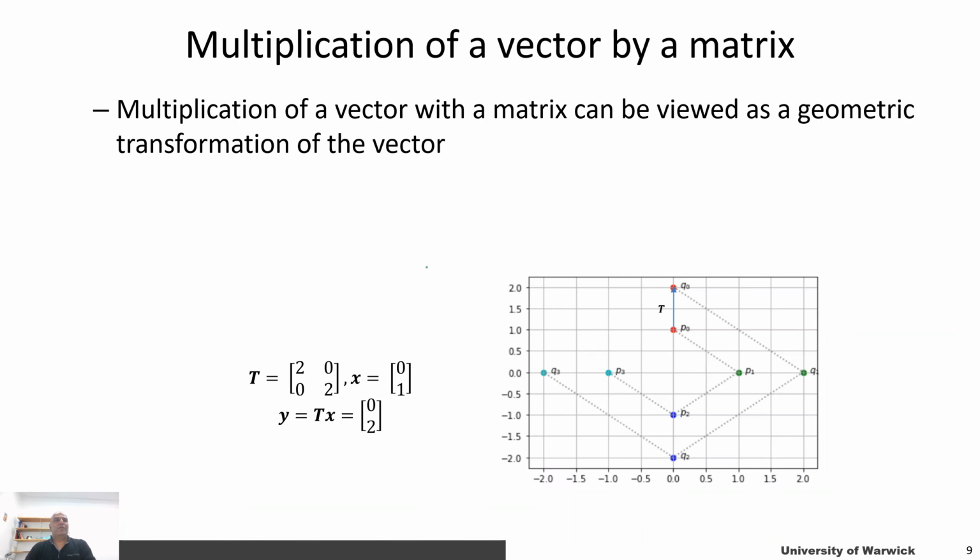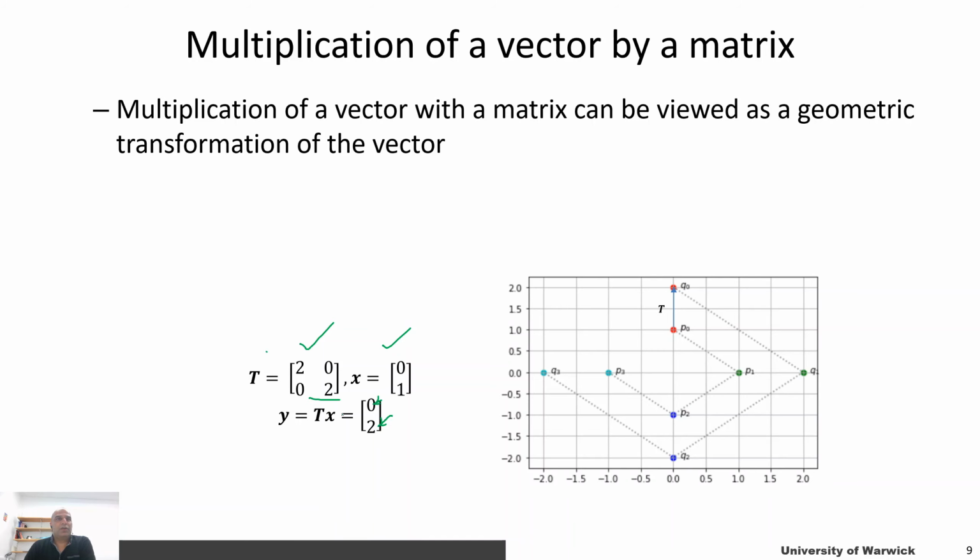So let's say we've got a matrix over here. It's the matrix 2, 0, 0, 2, and then we've got a vector that is 0, 1. If I multiply this matrix with this vector, following the simple rules of matrix vector products, the first element comes out to be 0, and the second element is 2.